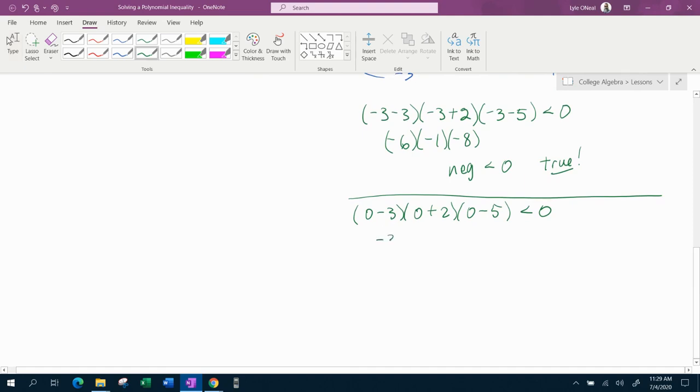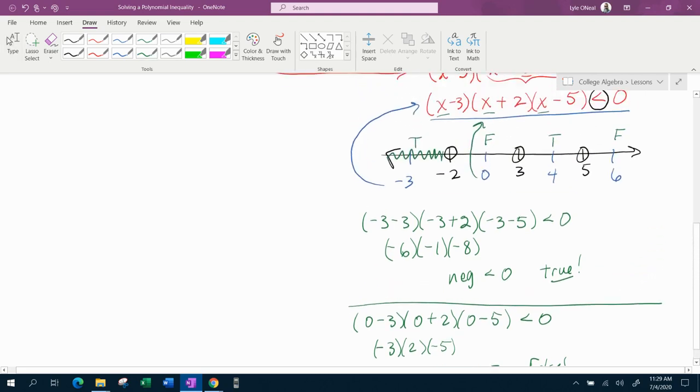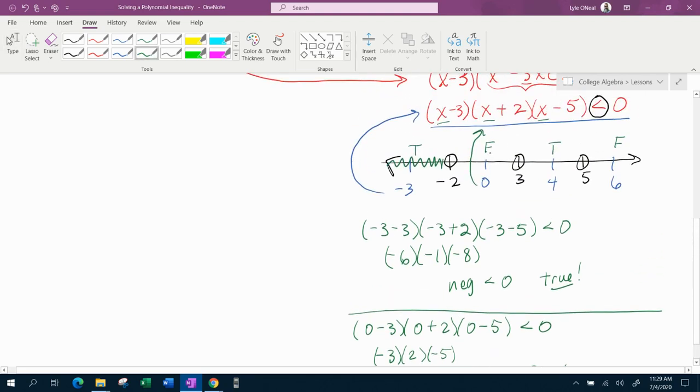Okay, so that's going to be -3 times 2 times -5. Negative times a positive makes a negative, and then a negative times a negative makes a positive. So that's going to be a positive number. Is a positive number less than 0? No, a positive number is not less than 0, so that's false, which verifies what I said a second ago.